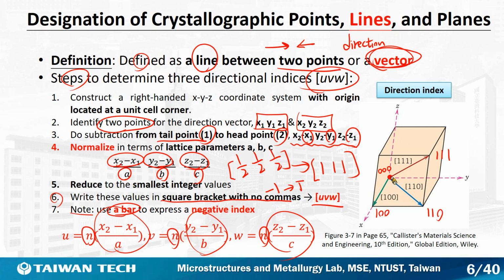For example, like this one: 1 minus 0, 0 minus 0, 0 minus 0. So we get 1, 0, 0. But this is for point indices. Point indices are fractions. So the actual length would be 1a, 0b, and 0c. And then we normalize it in terms of ABC.